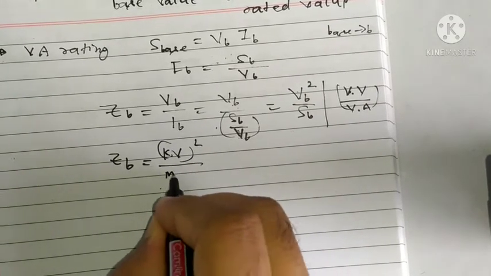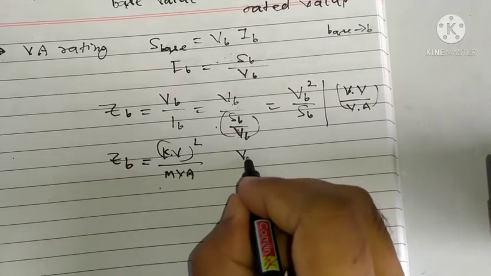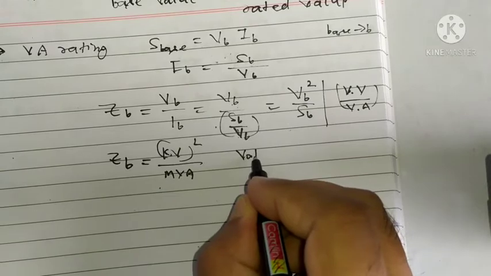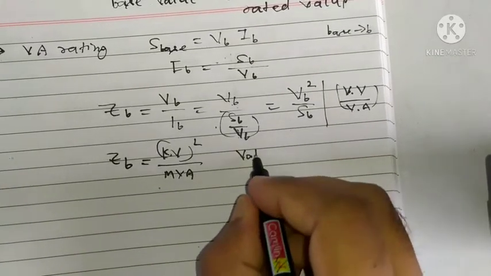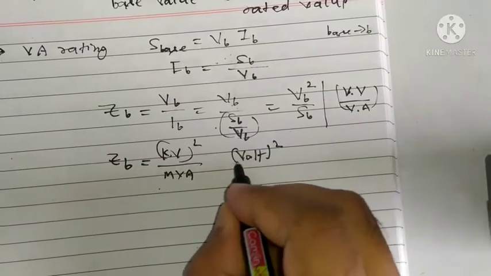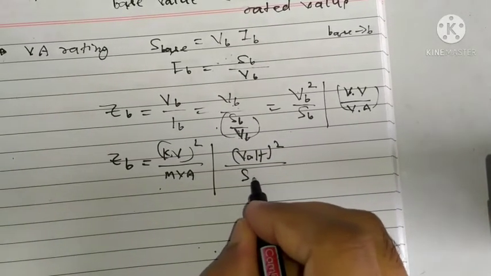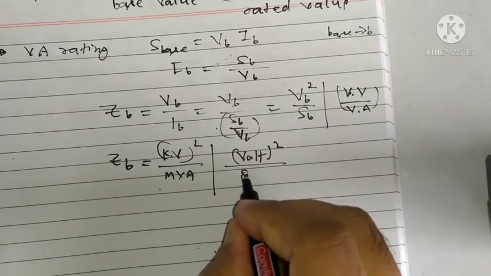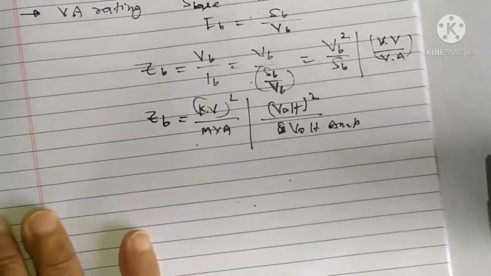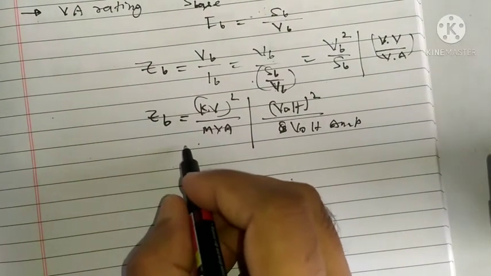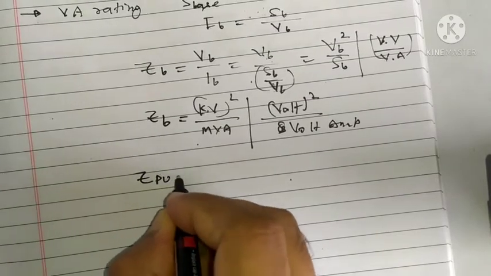Or we have written voltage square by base square, volt square by apparent power, that is volt ampere. Okay, so this is what base value of impedance.